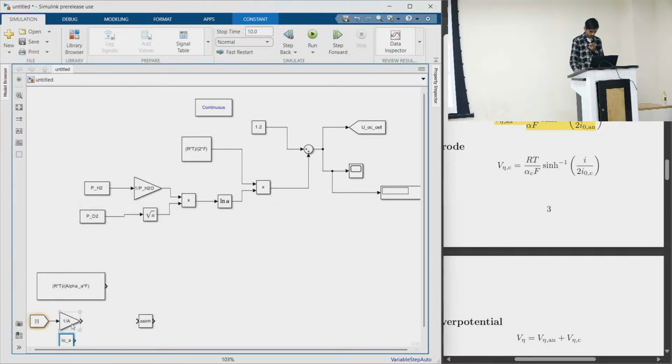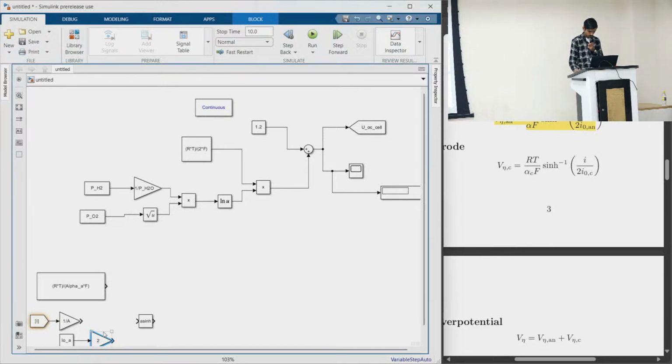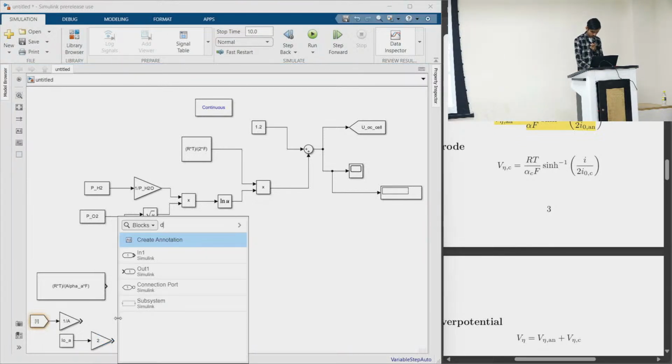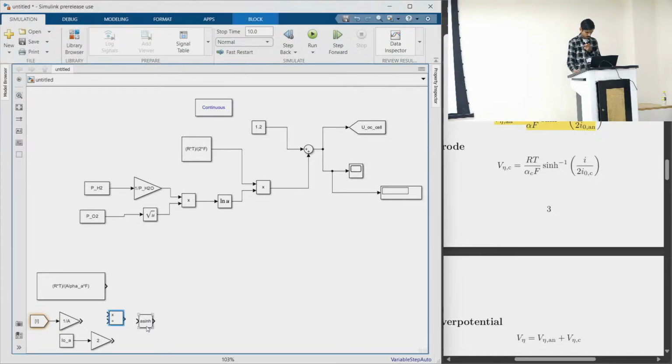First one? Yeah, done. Second, see your document, page number 3. If you have the PDF, you can see the highlighted equation we are implementing on page number 3.